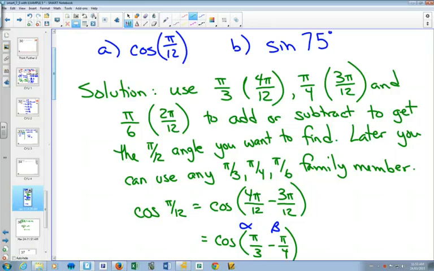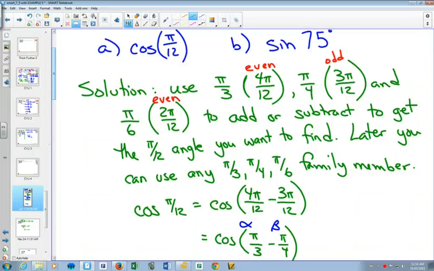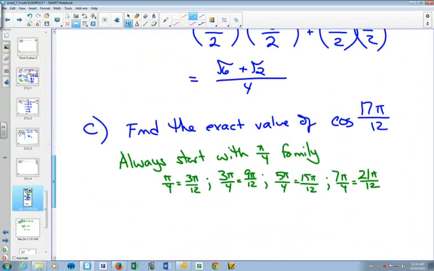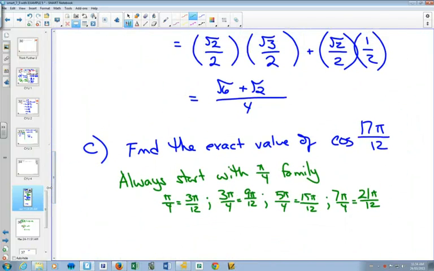Pi over 3 and pi over 6, when they're over 12, are both even numbers. Only pi over 4, when you make it over 12, makes an odd number. And every pi over 12 family that we're going to try and solve will always have an odd number on top. Otherwise, you could reduce it to a pi over 6 family.